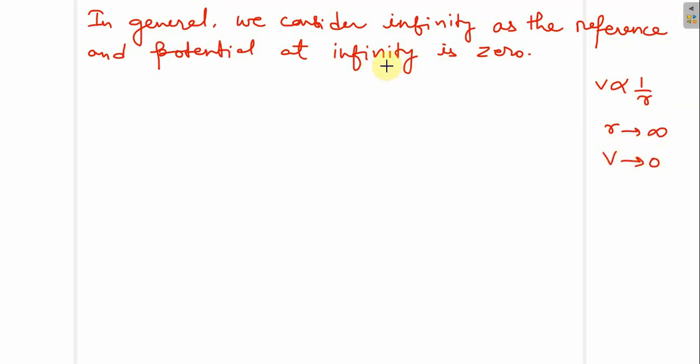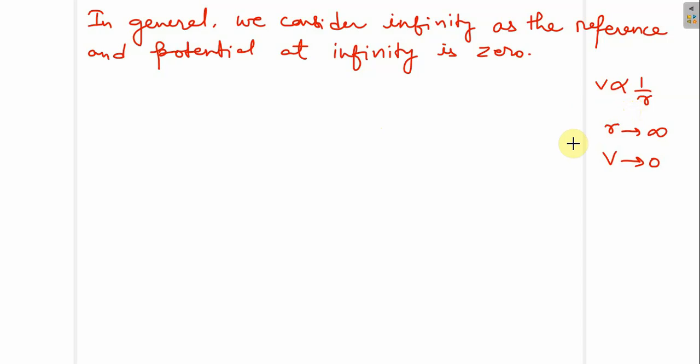So that's why we consider the potential at infinity as 0, because the reference is located at infinity and this distance is infinite.